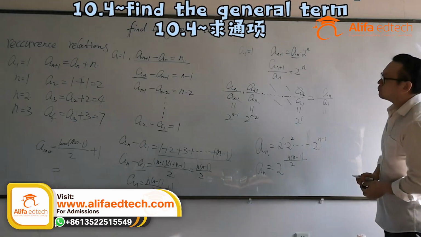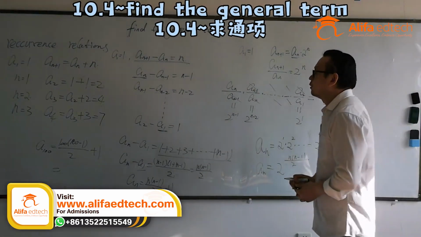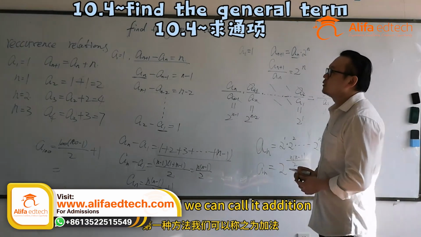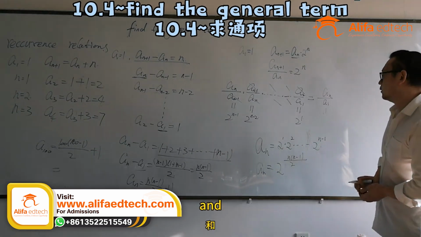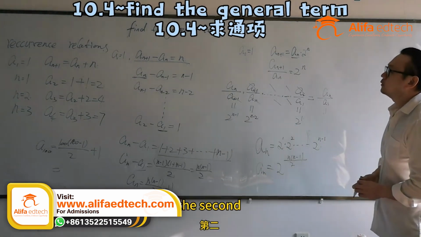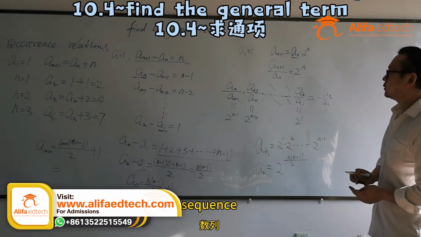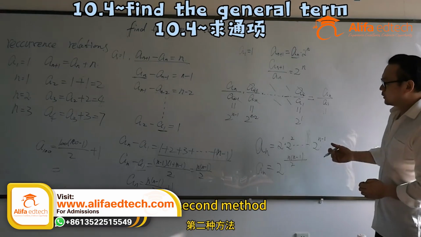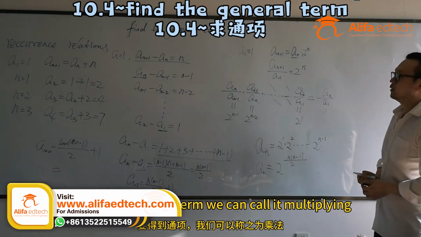So the first method we can call addition, and the second method to get the general term we can call multiplying.